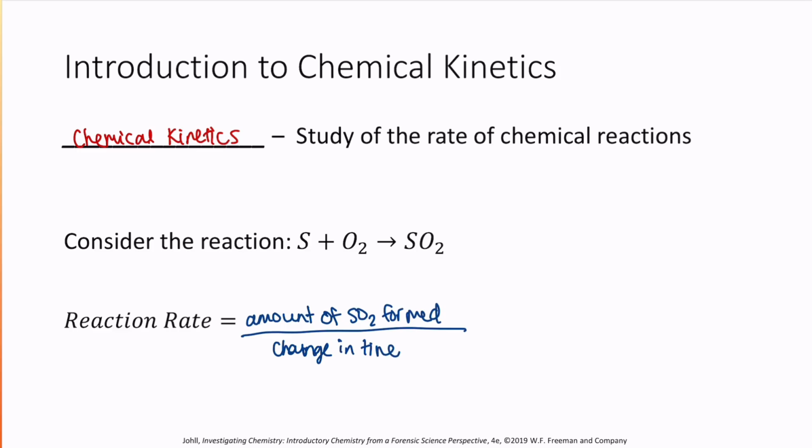Now, this is if we are looking at the reaction with respect to the products. We can also look at the reaction with respect to the reactants. So we can also say that this is going to be equal to the amount of sulfur used over the change in time.